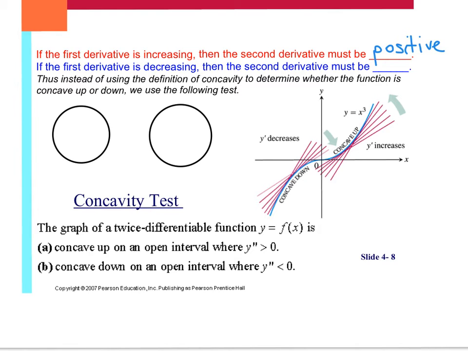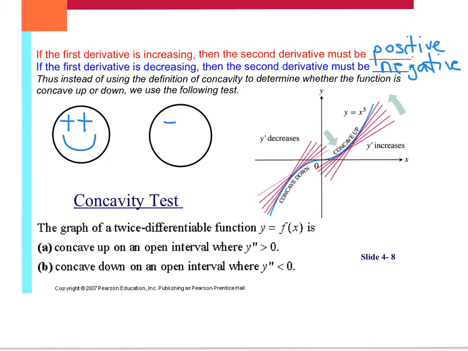And likewise, if the first derivative is increasing, then the second derivative is positive. Now, if the first derivative is decreasing, then the second derivative must be negative, okay? Now, this goes along with what we've just been talking about. Now, something I like to do is just a visual. If the second derivative, notice there's two pluses, if the second derivative is positive, then it's going to be concave up.